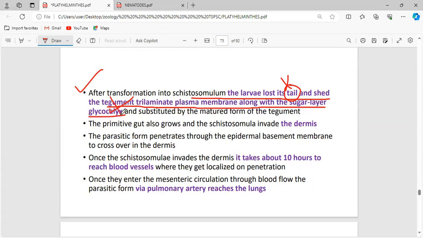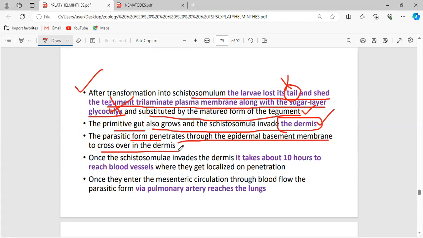Everything is destroyed and replaced by the matured form of the tegument. Now the primary gut, that is the intestine, also grows and the schistosomulum invades the dermis. Dermis is nothing but the skin region. Now the parasitic form penetrates through the epidermal basement membrane to cross over into the dermis.